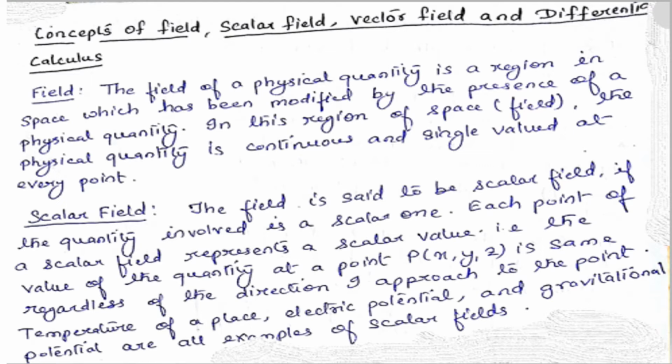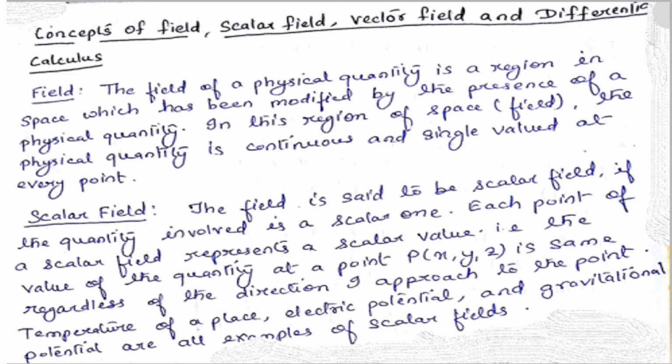So how will I define the scalar field? I will say the field is said to be a scalar field if the quantity involved is a scalar one. Like electric potential is a scalar quantity, so the field associated with that electric potential, we will call a scalar field.